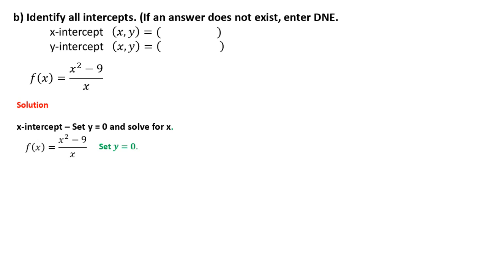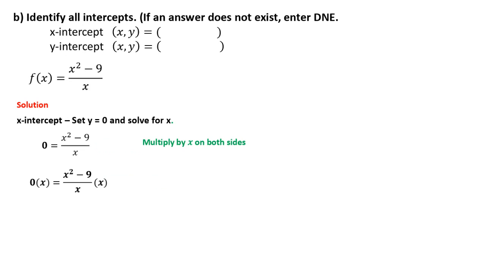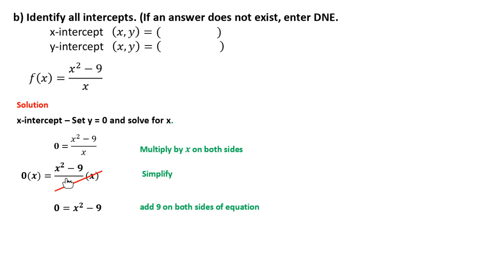Okay, for the x-intercept and y-intercept, we set y equal to 0. And then multiply by x on both sides. Okay, so here's x and x, and my x's will cancel here. So I'm left with 0 equals x squared minus 9. I can factor x squared minus 9.